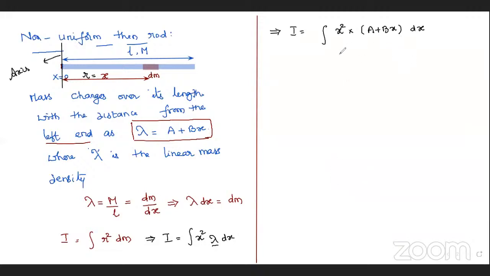Then here, try to expand this term, Nana. x square into a, that is ax square into dx, plus again expand integral x square into bx dx, that is b, x square into x is x cube into dx.